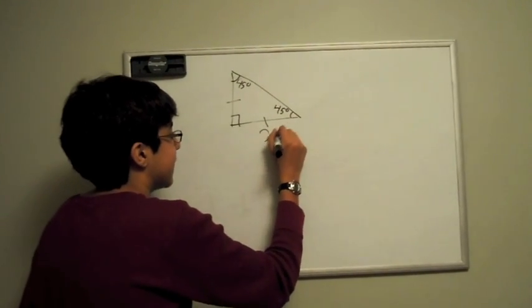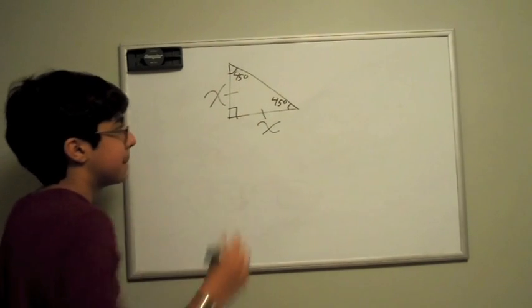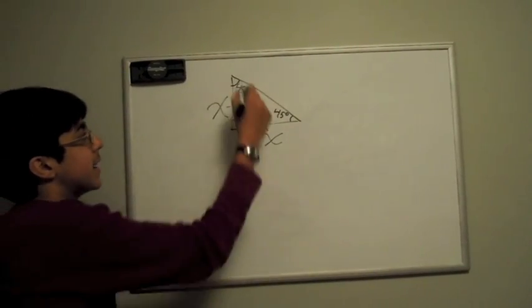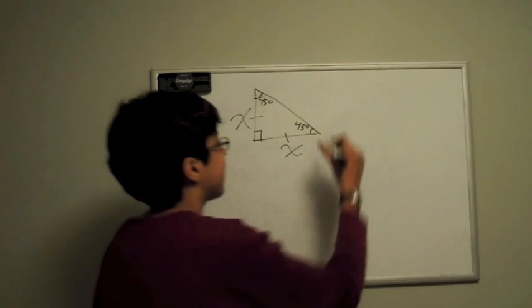Let's call this length x. Now, to find the length of the hypotenuse, we simply use Pythagorean theorem.